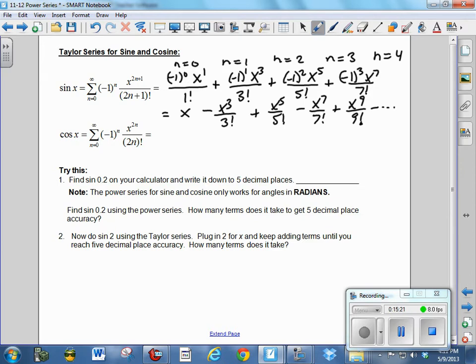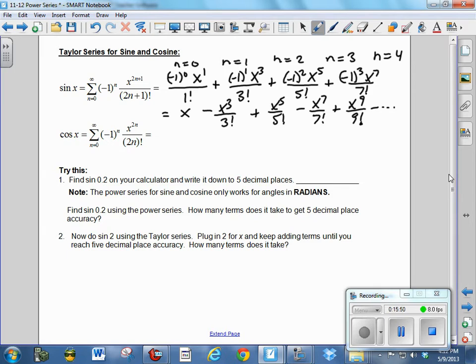The cosine function is very similar. Instead of the 2n plus 1, I just have 2n, which means I'm going to get all even numbered terms for cosine. Notice we also have alternating signs, so when I put the 0 power, negative 1 to the 0, the first term is going to be positive, the second term will be negative, and so forth. So the first term is negative 1 to the 0, which is 1, x to the 2 times 0.